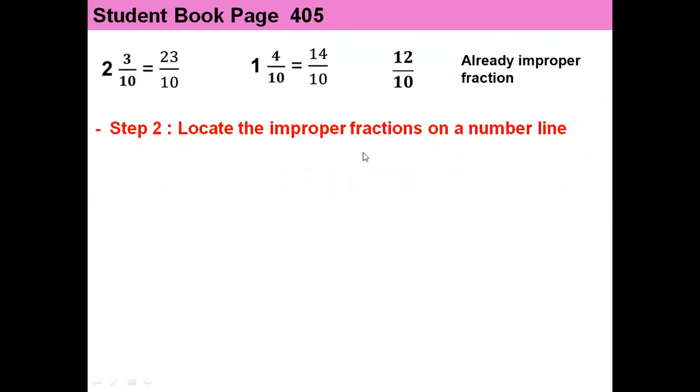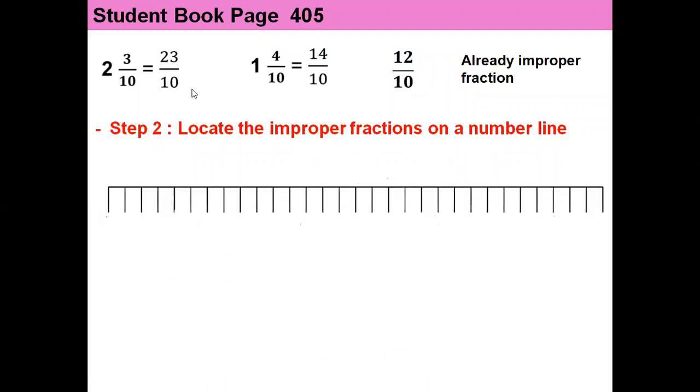You put a number line that has 10 spaces. Excellent. Why 10 pieces? Because the denominator is 10. Great job. Okay, start with me. You're going to start with which one? 12 out of 10. Okay, but we have to put in each unit 10 parts.